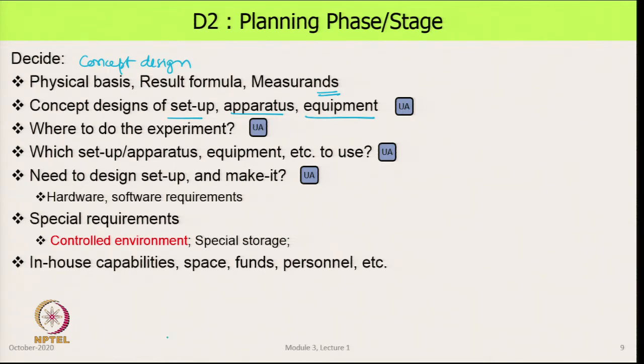It also gives an idea where we are going to put up the experiment. That also we have decided in this phase. Do we have the space? Which setup will we use if there is already something with us, how we are going to integrate it into the design, that also came up. The need to design a setup, that also gets decided at this point, and why and how to make it.